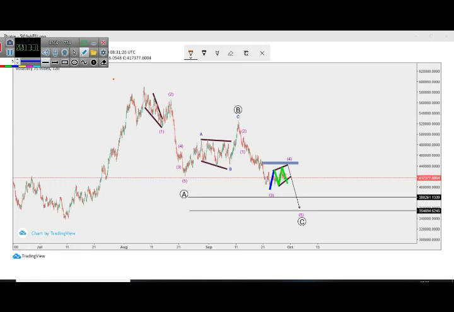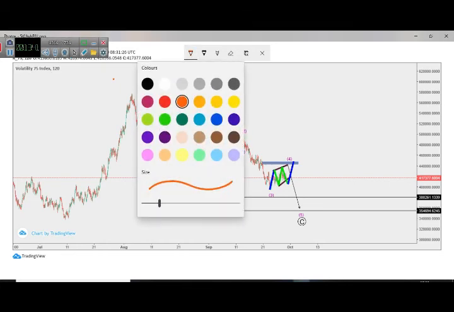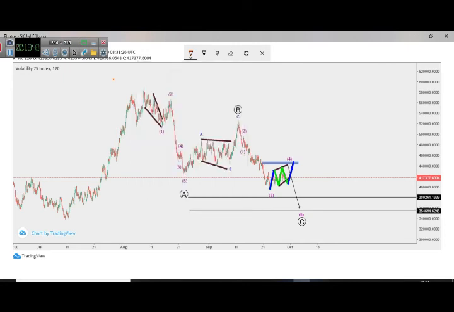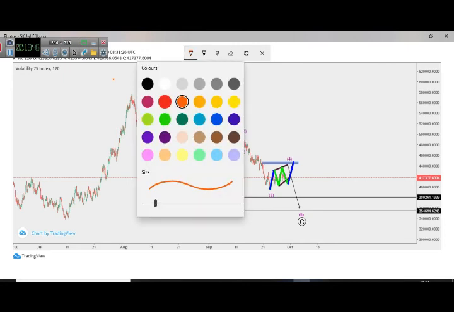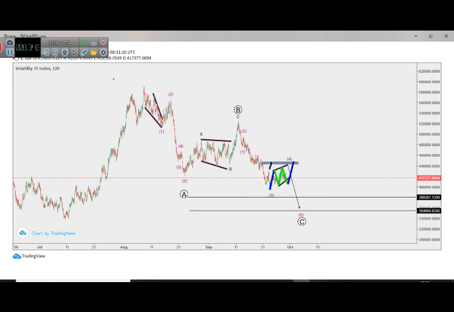Then lastly, we have the blue wave coming to touch this line, giving us a B, and lastly the C to make our wave 4.